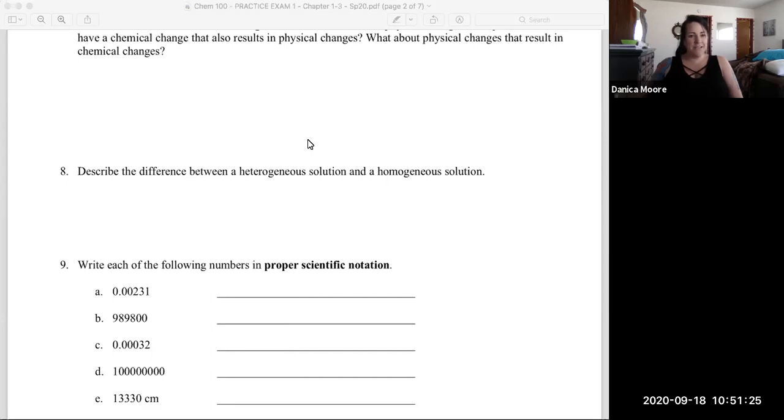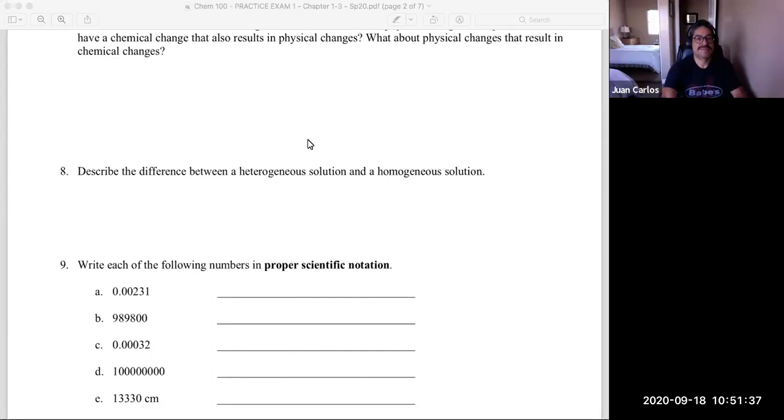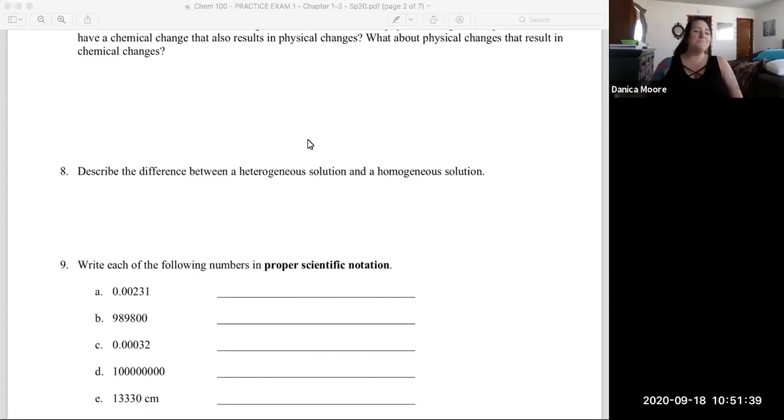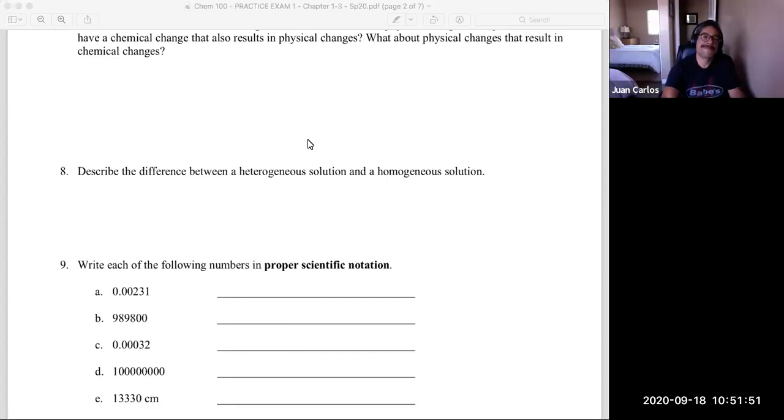So like a sandwich or a piece of cake, or I don't know, mixing oil and water. Salad, yes, thank you. Right, I'm personally terrible at coming up with the heterogeneous ones. The homogeneous ones are super easy for me. I'm like sugar and water, seawater, right? Beer. Like beer.